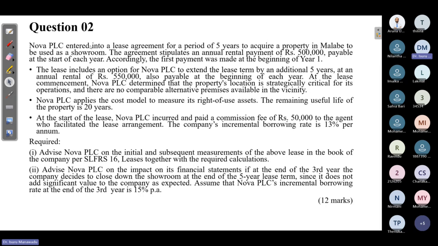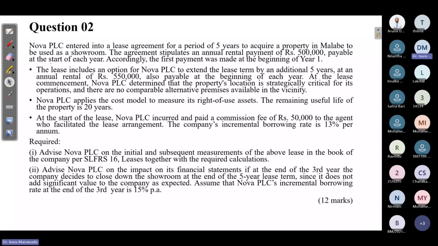Nova PLC entered into a lease agreement for a period of 5 years to acquire property in Malambe to be used as a showroom. The agreement stipulates an annual rental payment of 500,000 payable at the start of each year. Start of the year, that's very crucial.